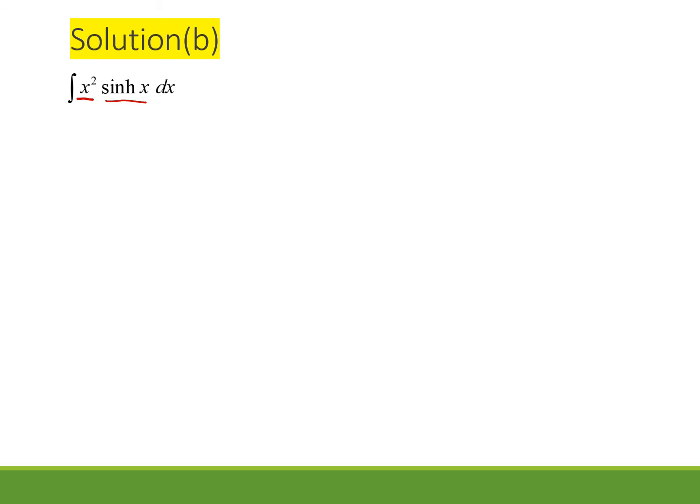So for me, it's easier to use the tabular method, or you can use integration by parts, but it is easier for you to use the tabular method because it is more systematic. Okay, I'm going to show you the integration using the tabular method.